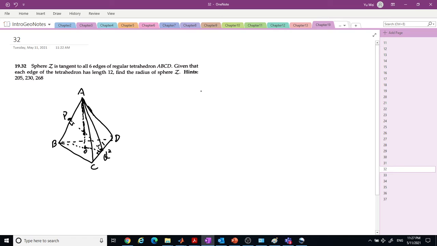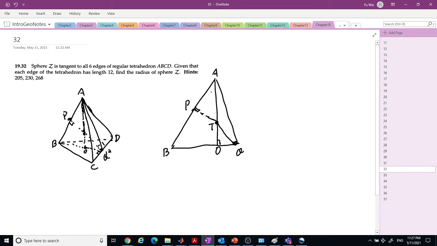Now let's draw it. So we have A, B, Q, right? And this is the center, this is O, and we want to find a point to make these two sides equal. This point is M, this is T, and this is P. So we want to find this one, and we know the side length is 12.